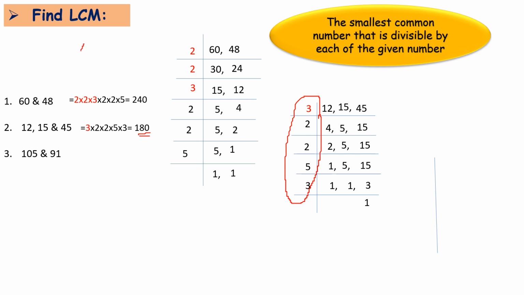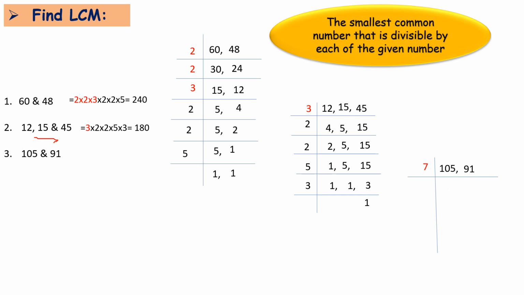If we divide 180 by 12, 180 by 15 and 180 by 45, 180 is divisible by each of these numbers thoroughly, and 180 is the smallest number. You cannot have a number smaller than 180 which will be divisible by all the 3 given numbers. So we are finding the dividend.